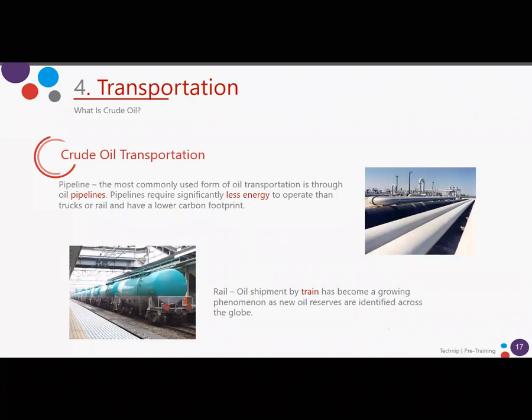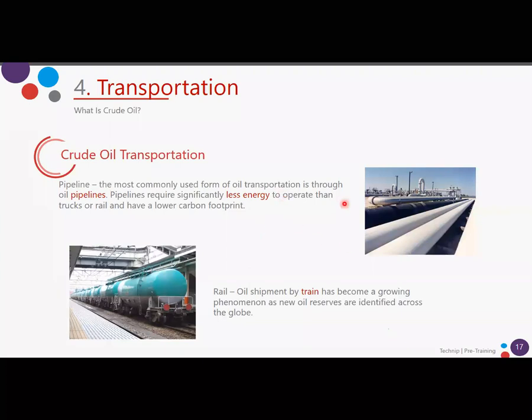How do we transport crude oil? The most commonly used method is to transport the crude oil by pipeline. These pipelines require significantly less energy to operate than truck or rail and have a lower carbon footprint.